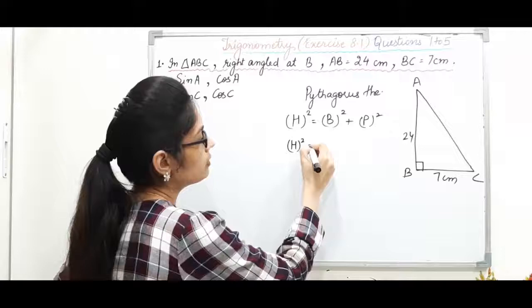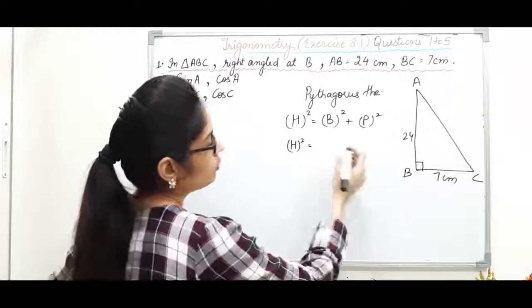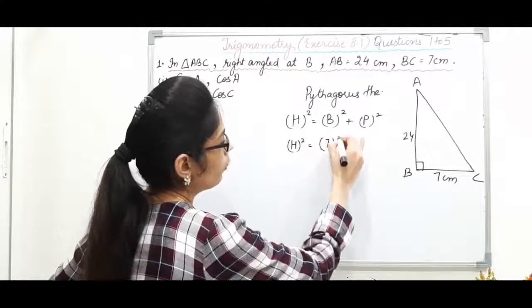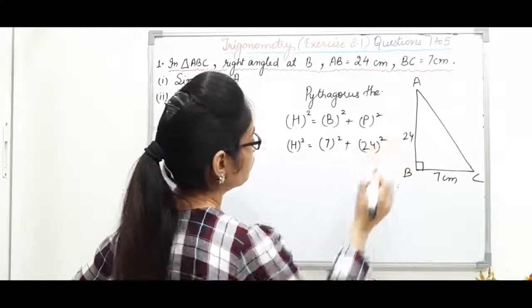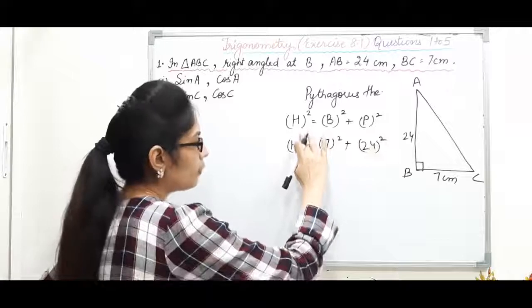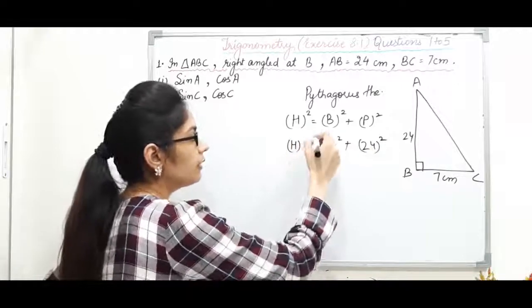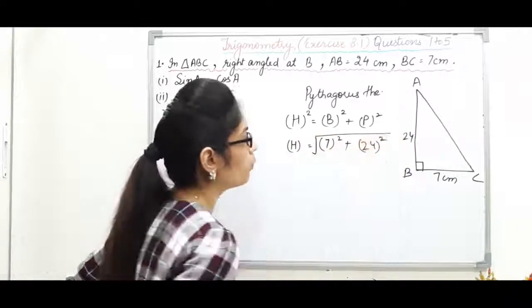Hypotenuse square is equal to B square, so B we can assume is 7, 7 square plus 24 square. This square we will shift to the other side and it will change to square root.